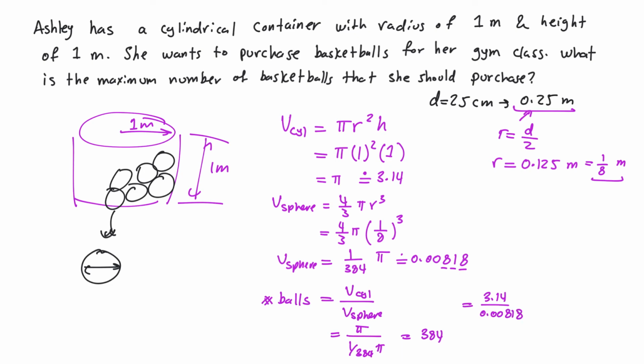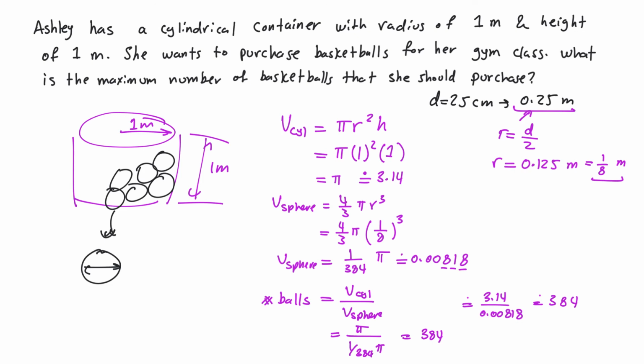And if you have the exact values from your calculator, so the exact value of pi and the exact value that you calculated here, so if you go back into your previous steps on your calculator and check them out, and if you plug them in, you should get approximately 384 as well. So both ways you should get a very, very close answer to 384.